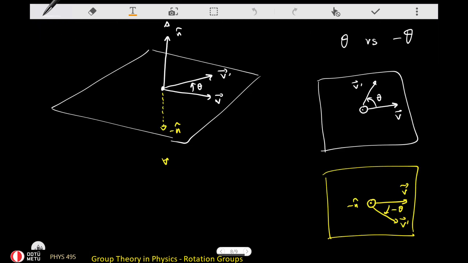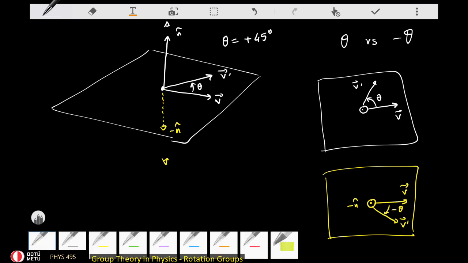So coming back to that, if I choose my axis like that, and theta is 45 degrees, let's say, then for this special situation, I have to use a positive value of angle theta, because the right-hand rule tells me that the rotation angle is plus 45, in the positive direction.